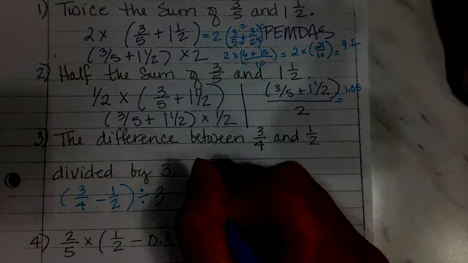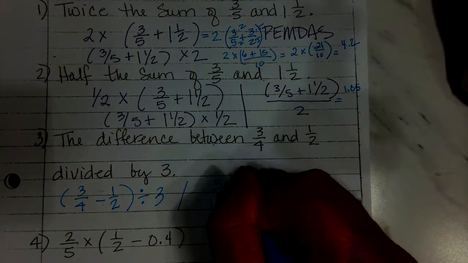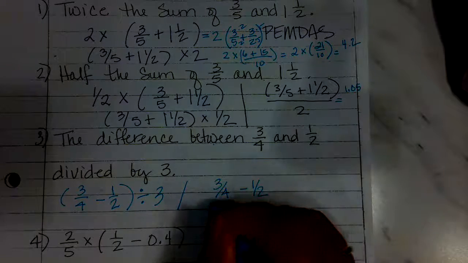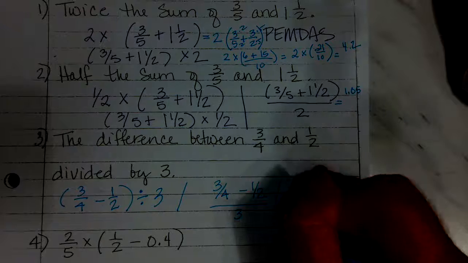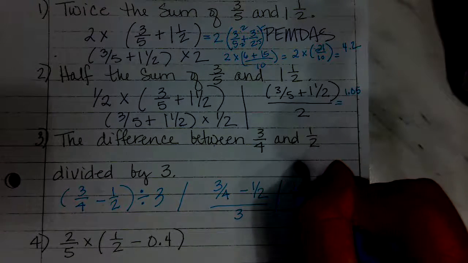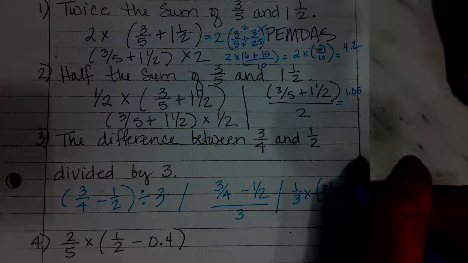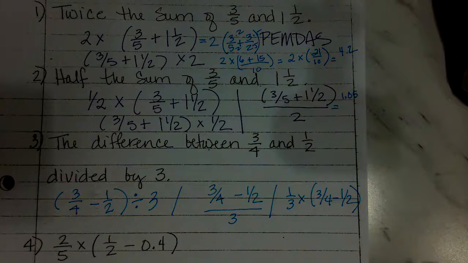Now, you could also write it like 3/4 subtract 1/2 over 3. And that's essentially the same thing as 1/3 times 3/4 subtract 1/2. So which way do you want to solve it?